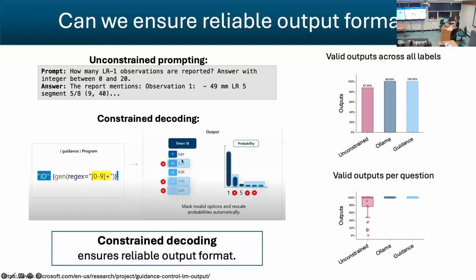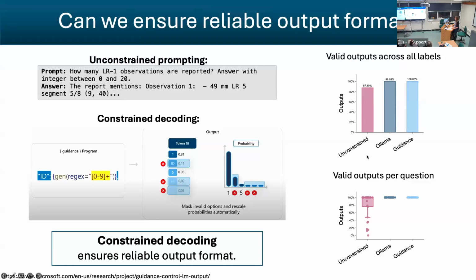So basically the LLM says, okay, I'm 81% sure that 1 is the answer, and I'm 11% sure that "I'd" is the answer. Now, "I'd" doesn't match up with our pattern. It's not a digit. So the program is going to cross that out. In this way, we're not actually changing the probability of the output, but we are changing the format that we're going to get. So we're still going to get the most likely answer in the valid format that we pre-specified. And this has worked really, really well for this task.